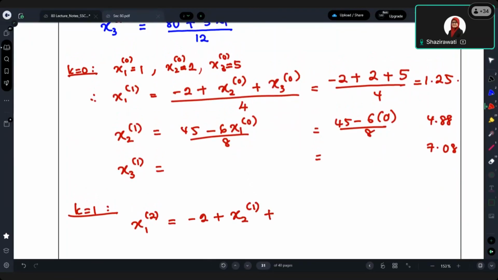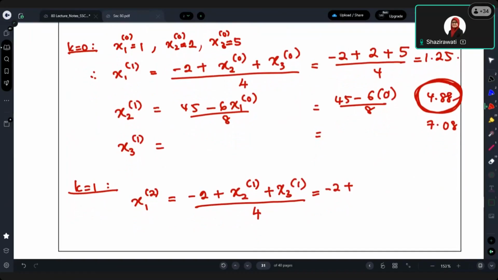Here x3, 1 over 4. So this one now is -2 plus x2^(1), which is the value you just calculated at the previous iteration. So you do not put in the initial values anymore. You update here 4.88, and your x3 is 7.08 over 4, and calculate to get the value.